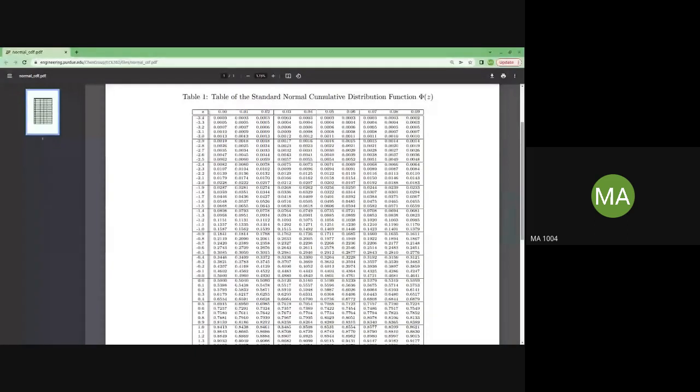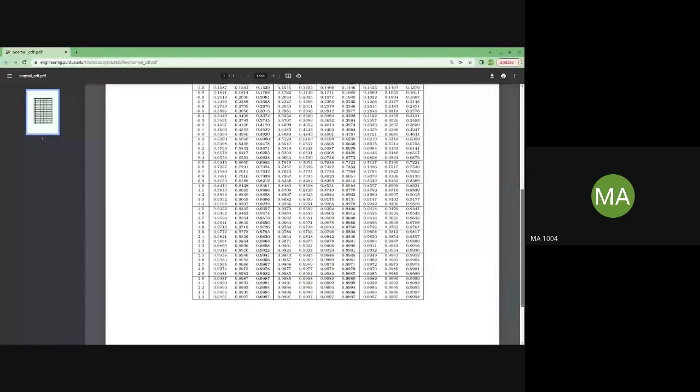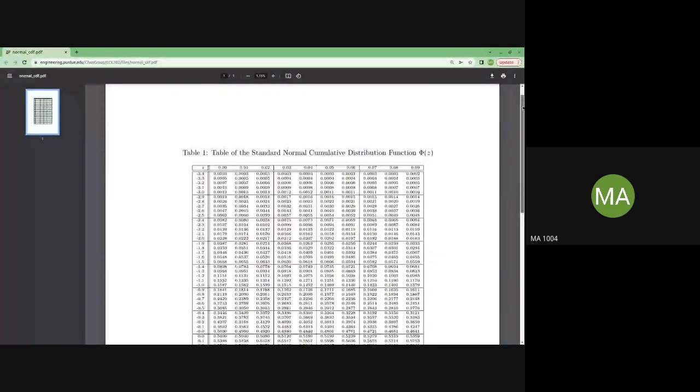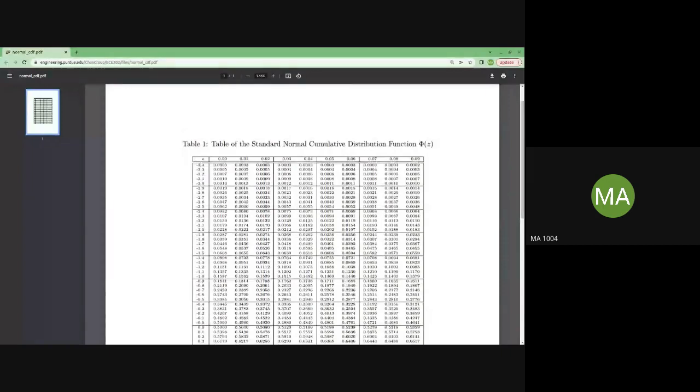So this table is given from minus 3.4 to plus 3.49. You see the row here, so this represents capital FZ of minus 3.400. So this particular 0.0003 is the value of capital FZ of minus 3.4.